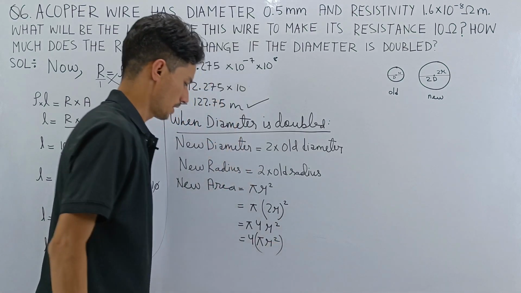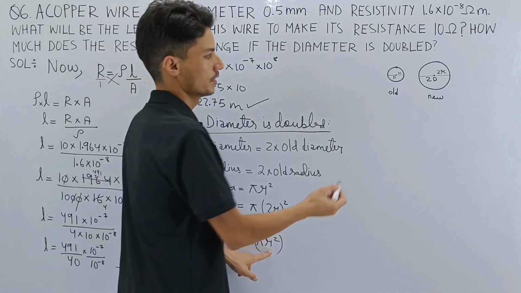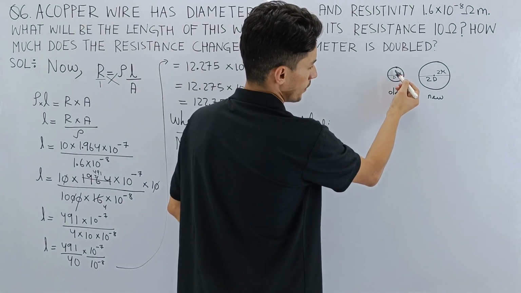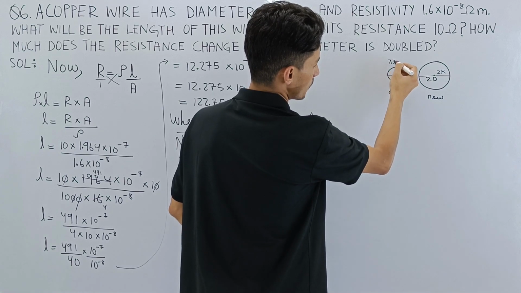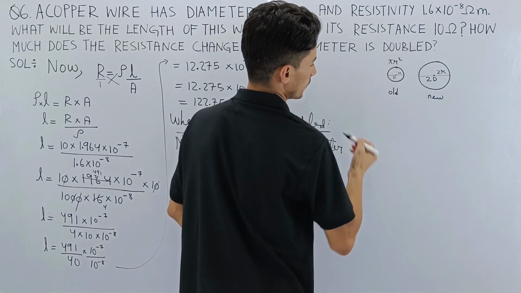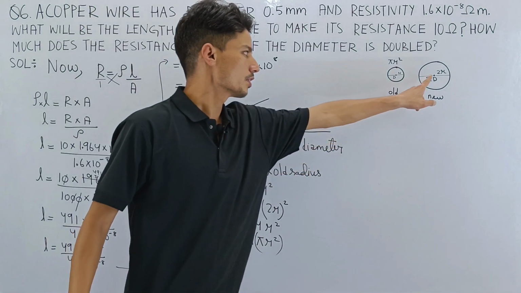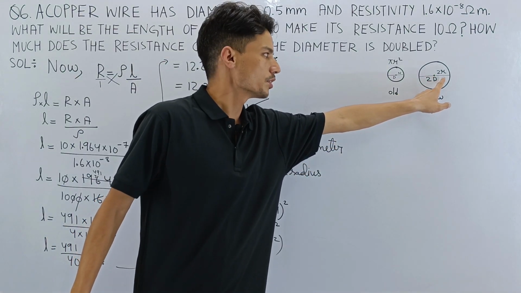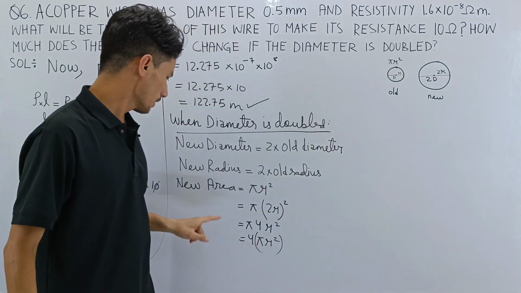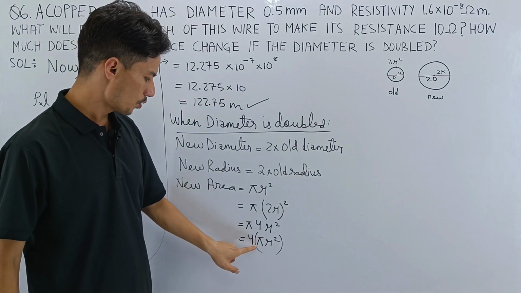Pay attention to this one. If you are to find the area of the old wire, it will be pi r square, where the radius is r. While calculating the new area, what you're getting is 4 pi r square.